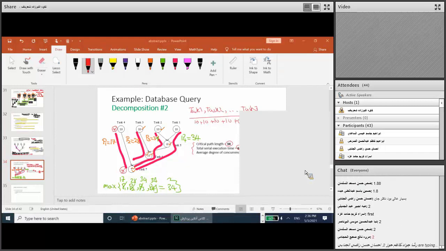Why decomposition 2 and why decomposition 1?